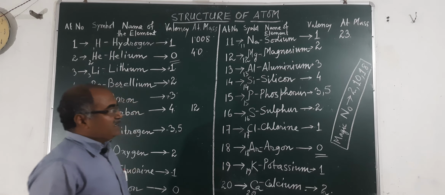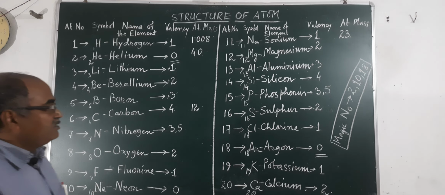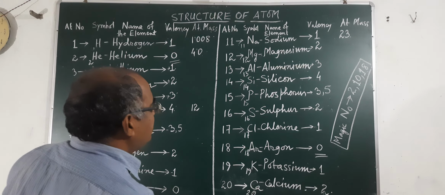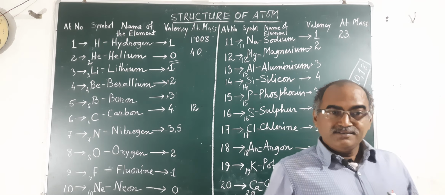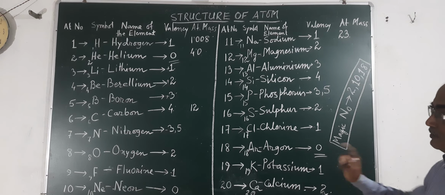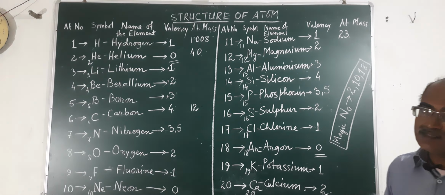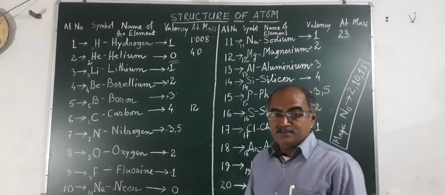If you remember it this way, you can remember the atomic number and the valency very easily. So now you are clear about how to remember the valencies of an element very easily.